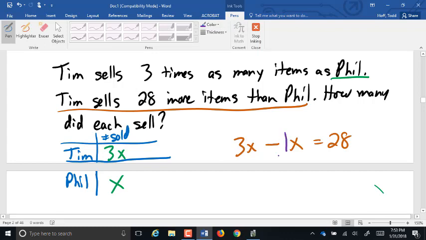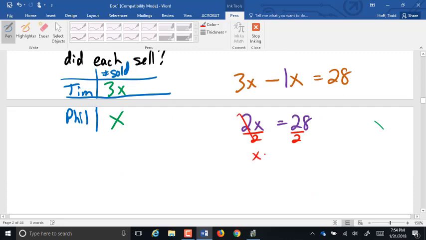We put in a 1x there. So 3x minus 1x is 2x equals 28. And then divide by 2. x equals 14. And again, x was Phil, so Phil is 14. Tim is 3 times 14, or 42.